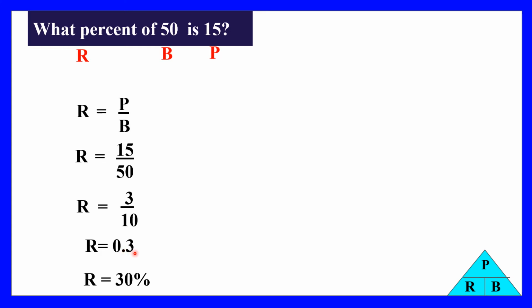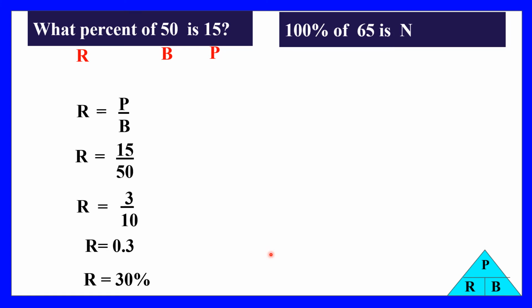Isa lang yan. E di, pag nag-move ka ng dalawa, kasi nga, dahil percent, movement is dalawa. Laging dalawa. So, from decimal to percent, dalawang movement pakanan, and then percent to decimal, dalawang movement pakaliwa. Okay? So, since kulang ito, dagdagan ng isang 0. So, sagot natin is 30%.